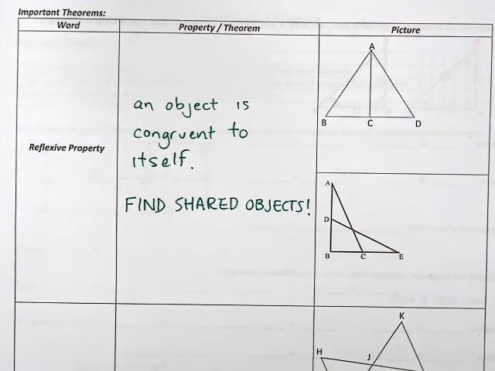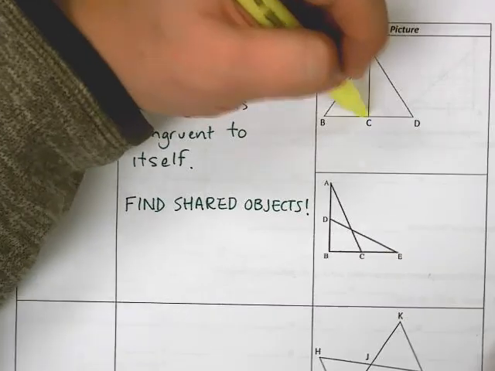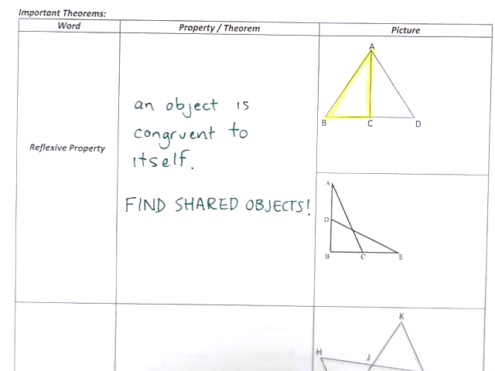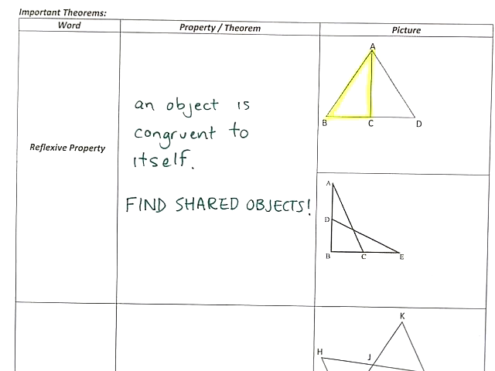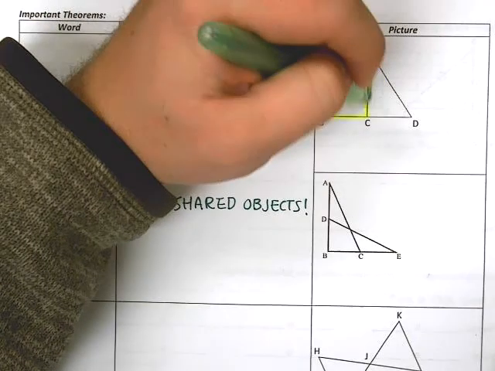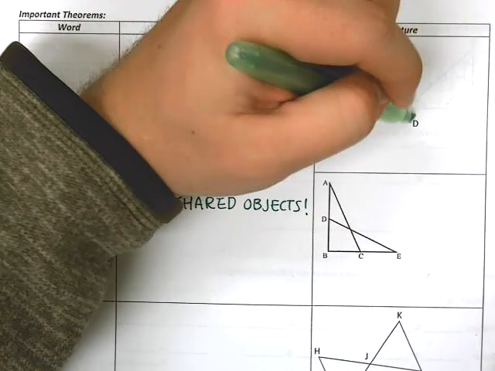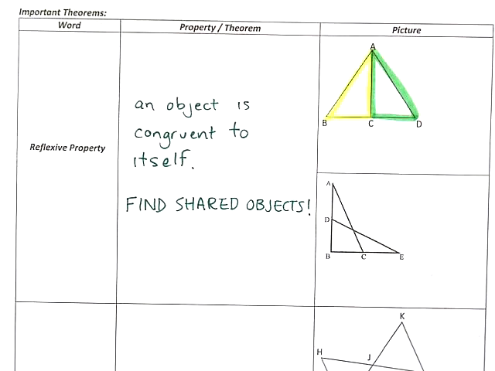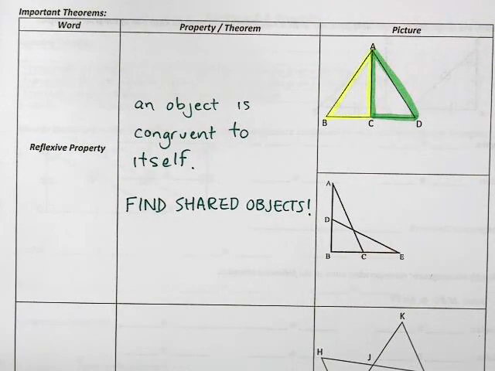So for example, if I take a look at this picture and I highlight this left triangle, ABC, and I highlight this right triangle, ACD, does anyone notice, was there anything that you can find in both triangles, in both pictures or both sides?